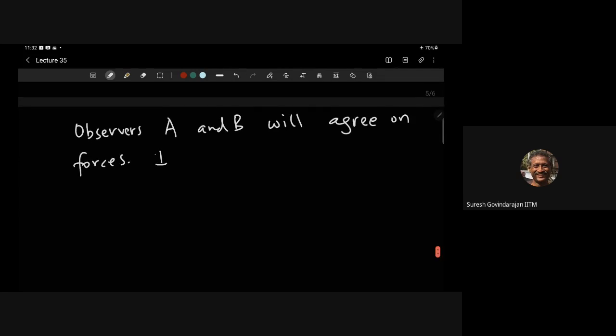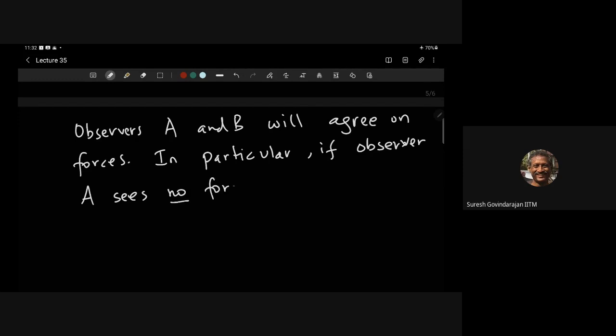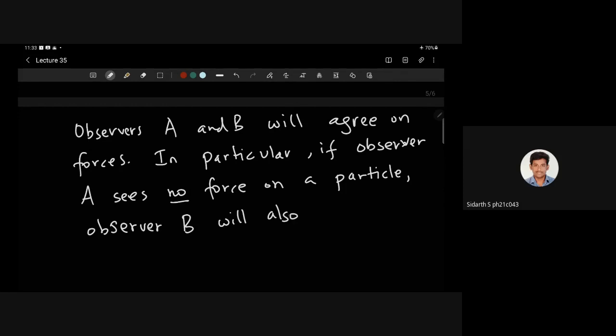In particular, if observer A sees no force on a particle, what will observer B say? They will also say the same thing.